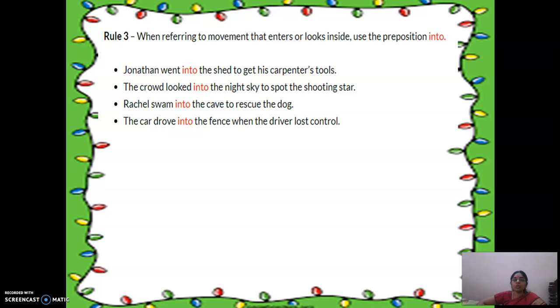The crowd looked into the night sky to spot the shooting star. Rachel swam into the cave to rescue the dog. The car drove into the fence when the driver lost control. So into: went into the shed. All that enters or looks inside.